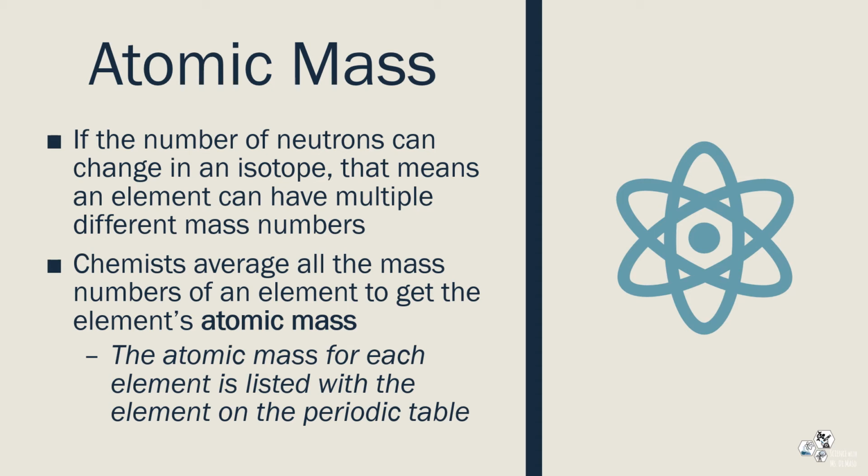This atomic mass is the number that's put on the periodic table. That's why you'll often see very funky decimals following the number. Like oxygen is 15.999. That's because we're averaging all the isotopes that are found in nature.